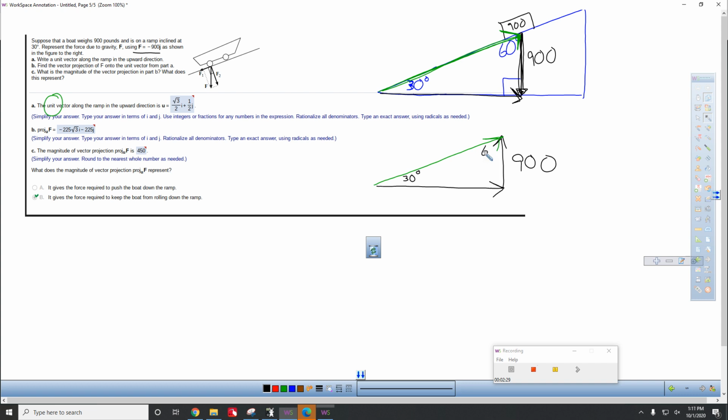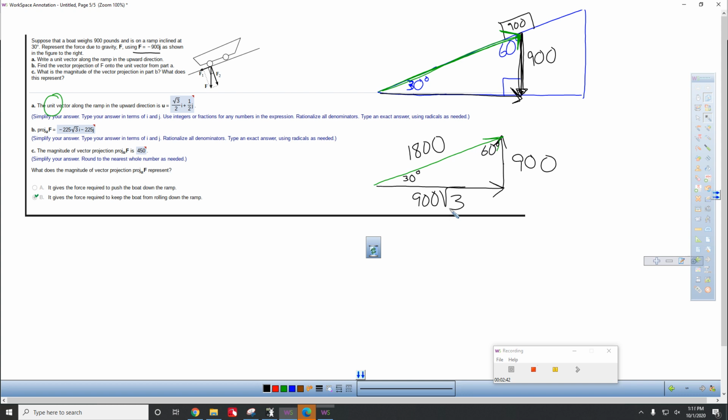So if this is 60, then remember from your 30, 60, 90 triangles, to get from the short leg to the hypotenuse, you multiply by 2. And to get from the short leg to the long leg, you multiply by radical 3. Okay?